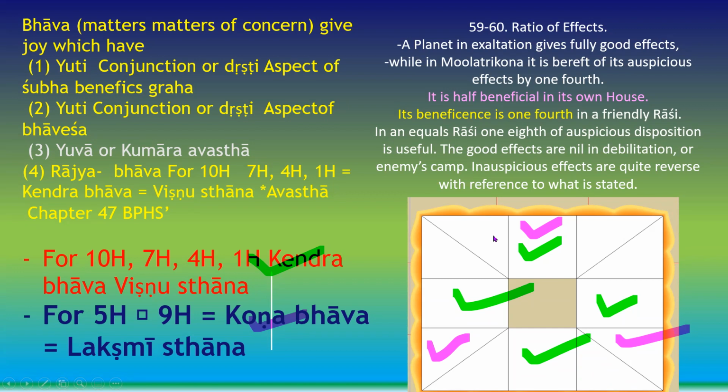And oh dear, Venus is at 0 degrees of, let's say, Virgo. Now 0 degrees is a really terrible avastha for Venus. It's really low, almost a dead avastha. But we have rules for it.